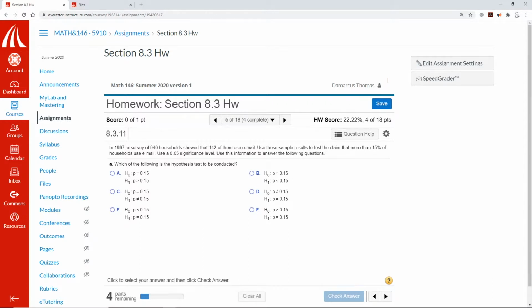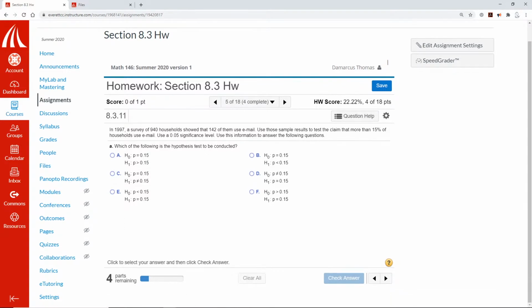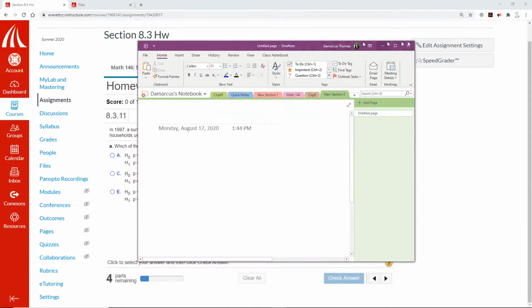If you look at the next problem: a survey of 940 households showed that 142 of them use email. Use this sample result to test the claim that more than 15% of the households use email. Well, let's talk about this.